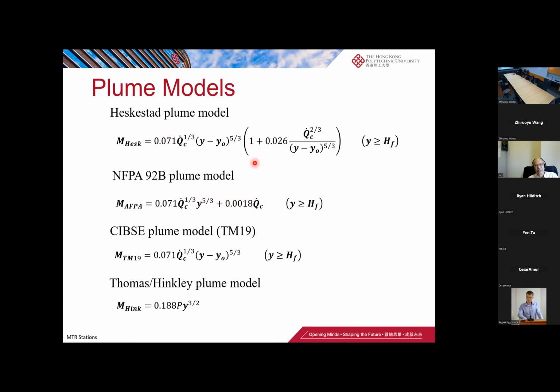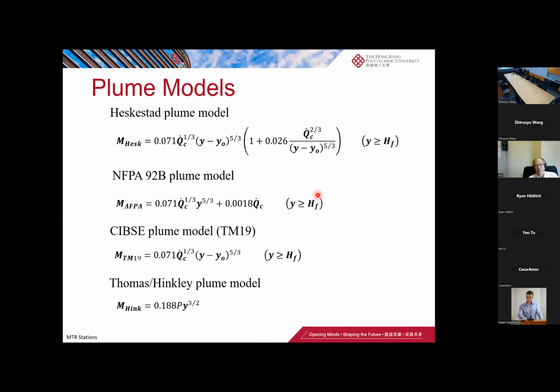These are the same terms, and this constant is the result of this one times 0.026, which gives 0.0018. So it is the same equation, but dropping the virtual origin.